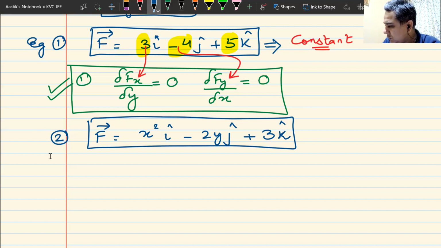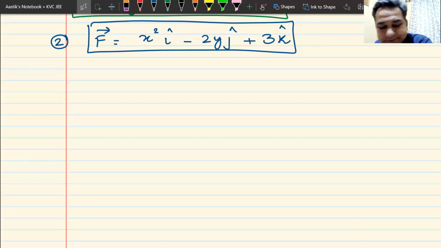Non-conservative, sir. Who gave this answer? Sai Shraddha. Sai says this force is non-conservative.